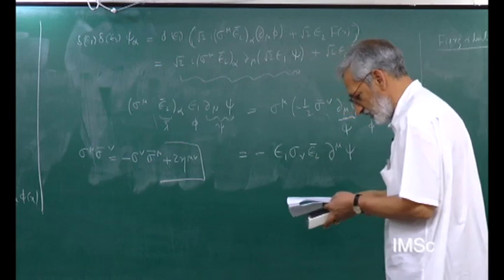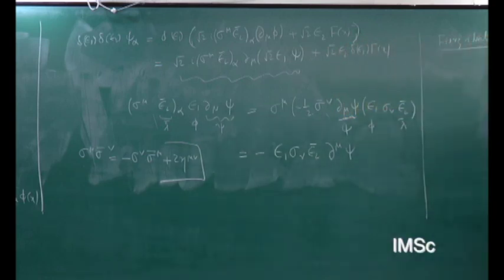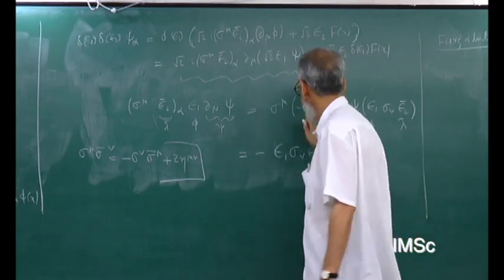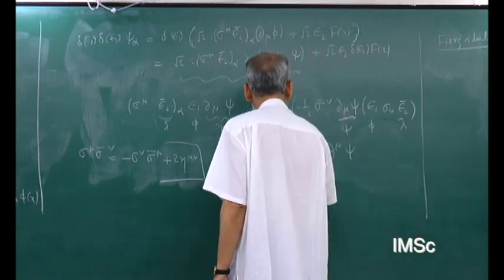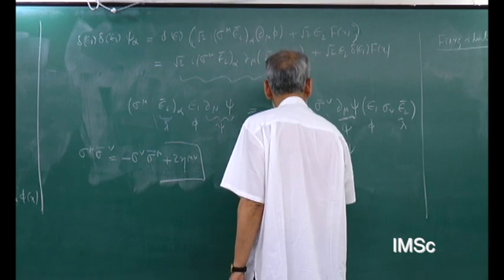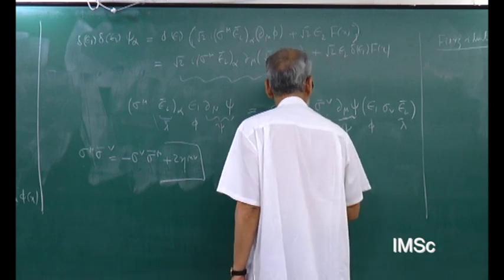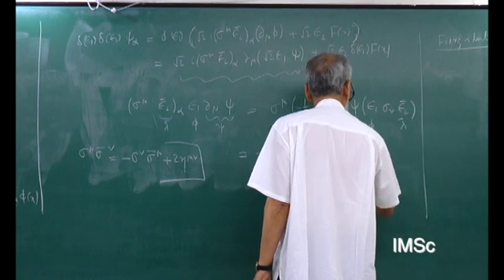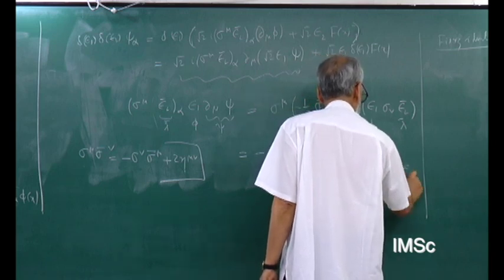Do I have the sign right? Yes. That is this term with the eta. And then the second term is plus half sigma mu bar d mu psi epsilon sigma nu epsilon 2 bar.